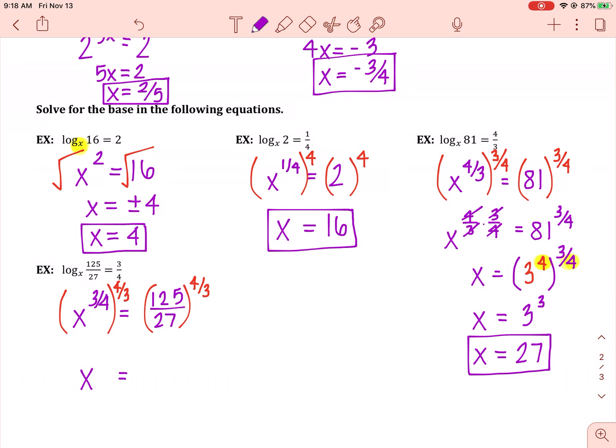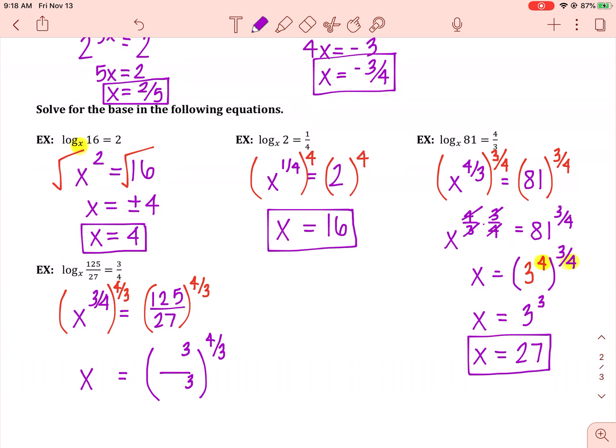Look back at the last example. I rewrote 81 to have a power of 4 to cancel the denominator. Well, is there a way I could possibly rewrite 125 to have a power of 3 and 27 to have a power of 3 in order to cancel with that denominator?